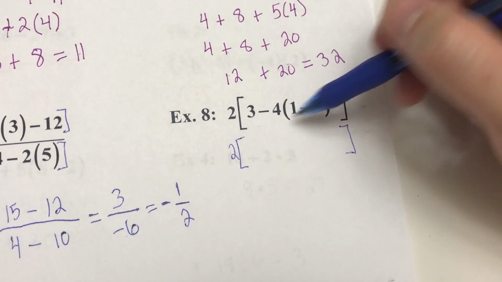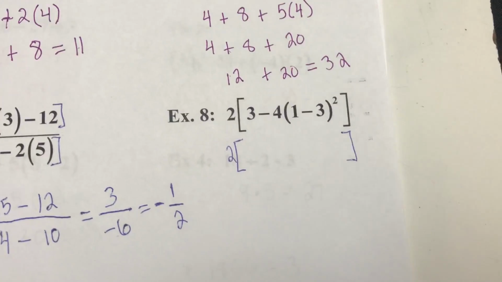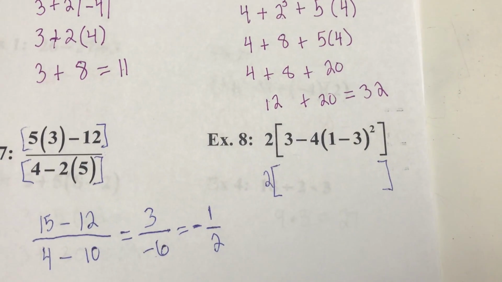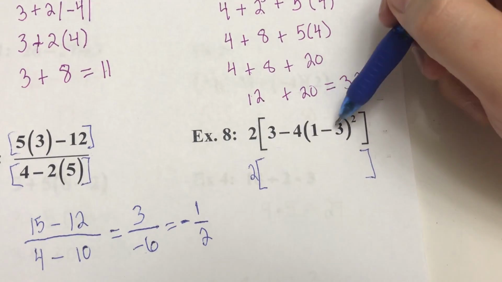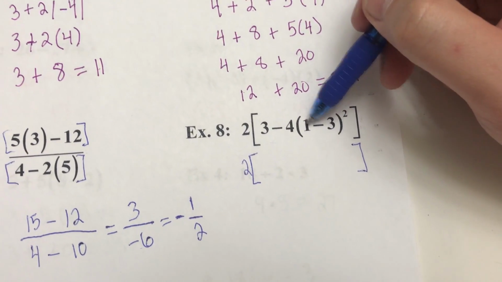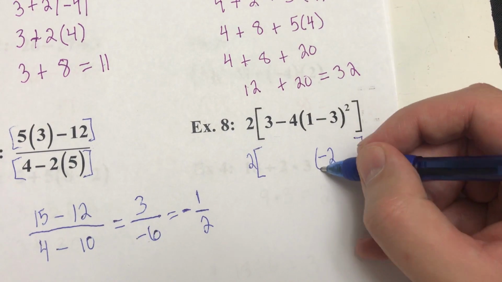On the inside of the brackets, we need to look at the order of operations again, specifically for what's on the inside. First, we need to do grouping symbols. We do have this grouping symbol of parentheses, so this gets evaluated first. 1 subtract 3 is negative 2.